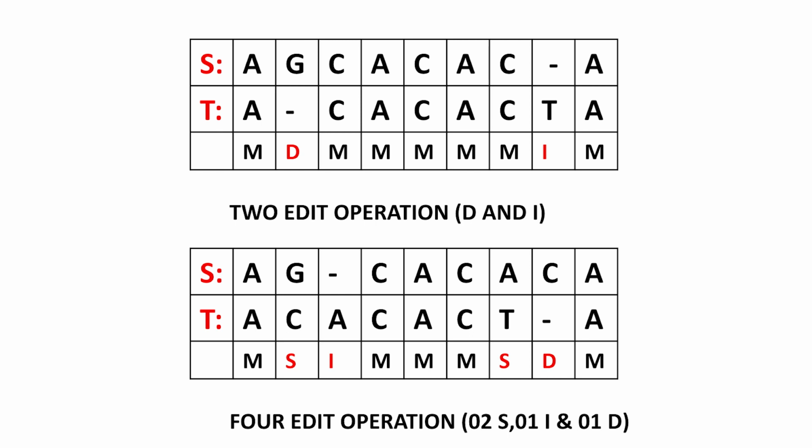Again the length is 9, but in the source at the third position there is an insertion corresponding in the target sequence, and similarly at position number 8 there is a deletion of the character, and at position number 2 there is a substitution case. At position number 7 the A is substituted with T. So, there are two substitutions, 1 insertion, 1 deletion and 5 matches in the second example. So, this is all about the edit operations.